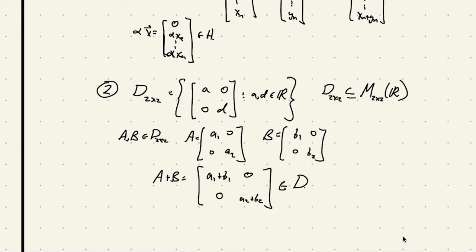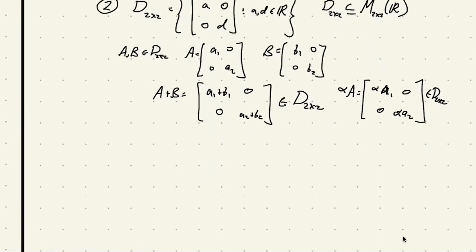This is still in my set D. And of course, if I take alpha times A, it's going to give me alpha A1 in the first component, 0, 0, and alpha A2 in the second non-zero component. That's still diagonal. So that's a subspace of the 2x2 matrices.